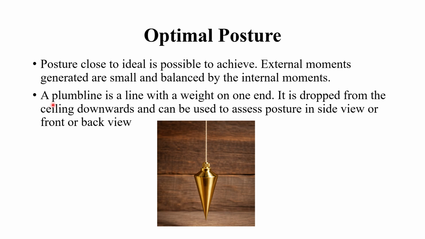You use something called a plumb line. It is basically a line with a weight on one end, dropped from the ceiling downwards. You can assess posture in the frontal view, in the sagittal view, in all the possible positions like standing, sitting, etc. with the help of this plumb line. How to do that we will discuss in the subsequent slides.